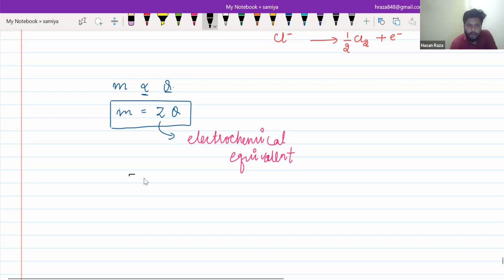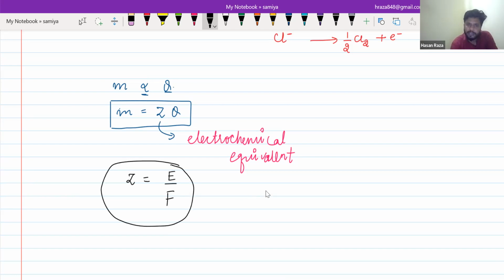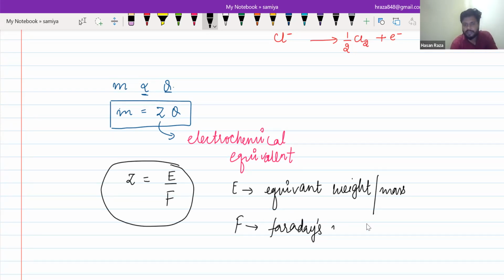Now we have a formula for Z, that is Z equals E upon F. Z is equal to basically E upon F. E is equivalent weight or mass, and F is basically Faraday's constant, which has a value approximately 96,000, we take 96,500 Coulomb.